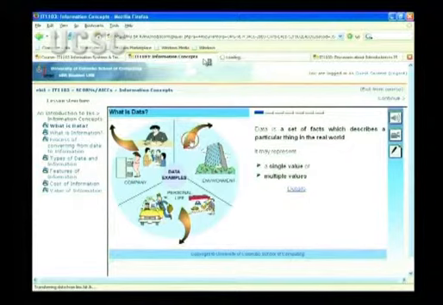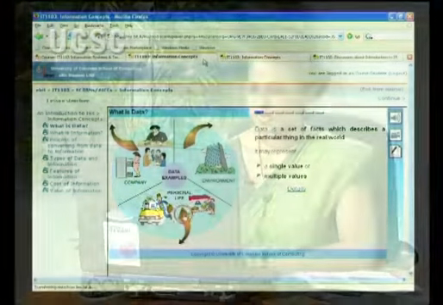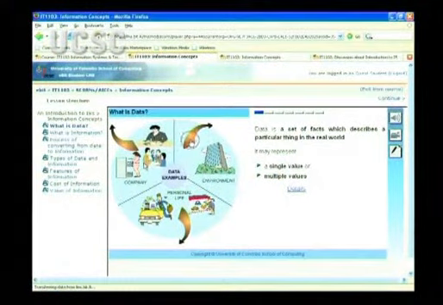So, here as you can see, there is what is data and introduction to information concepts. So basically here we discuss what data is, what information is, and also the characteristics or features of information. So basically this is a very interactive way of accessing the details of the course.